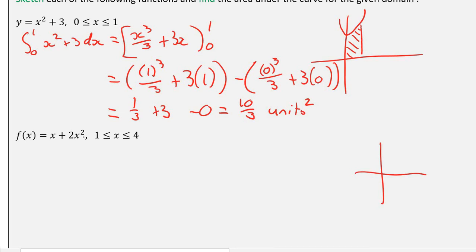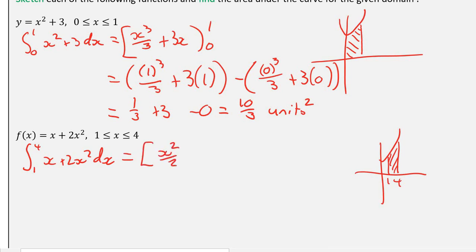If it was just x squared, it'd just be a smiley. 2x squared means it's a steep smiley. And because you're plussing x to it, every time you go across 1, you're going up by 1 as well. So it's like adding that on. So it would look something like that. And we want to go from there to there, 1 to 4.